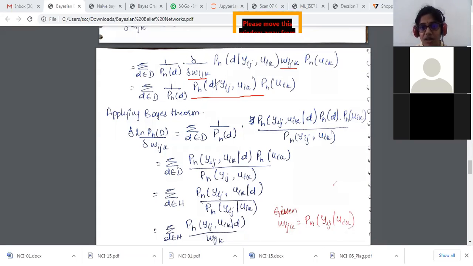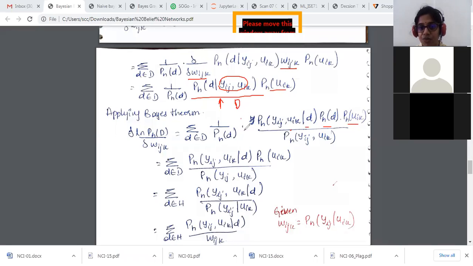Since I'm applying Bayes theorem on this part, it's going to be P of h given D equal to P of D given h, along with P of h, and again I have Uijk. I'll be writing it the same, divided by the same entire term coming into picture over here.